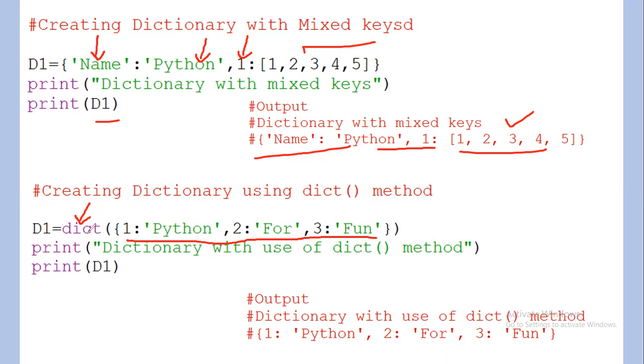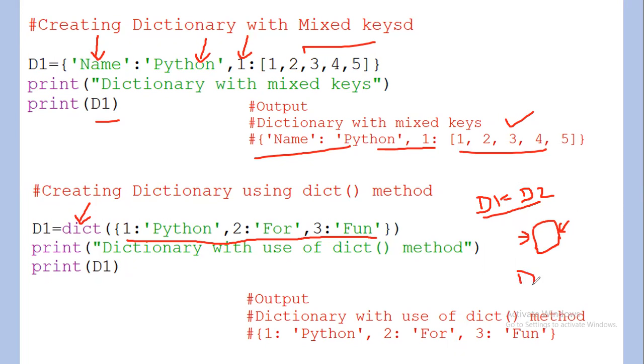So the difference is that we can also create a dictionary like D1 equal to D2, where D2 is another dictionary. When I say D1 equal to D2, both dictionaries will share the same block. That's the main thing. The identity of both D1 and D2 will remain the same.